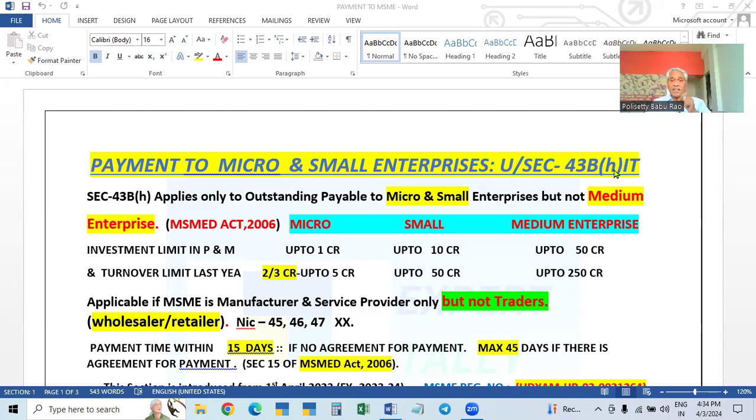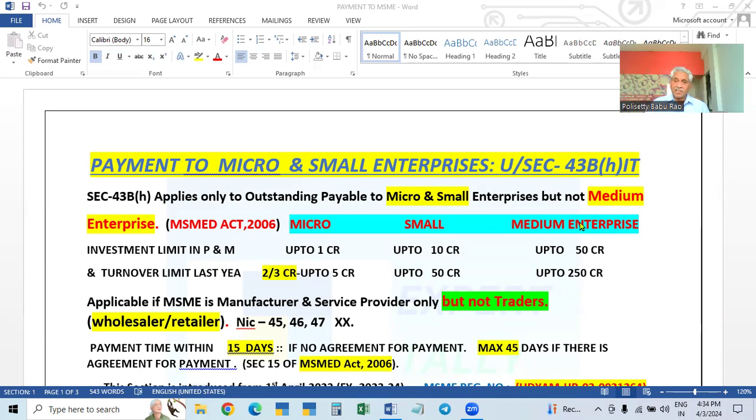But that can be paid not only in the financial year, but in the next financial year, before filing the return of income, by the due date for filing the return of income.